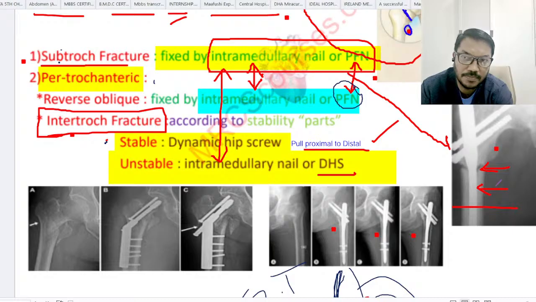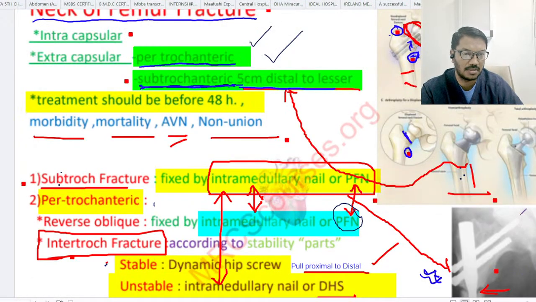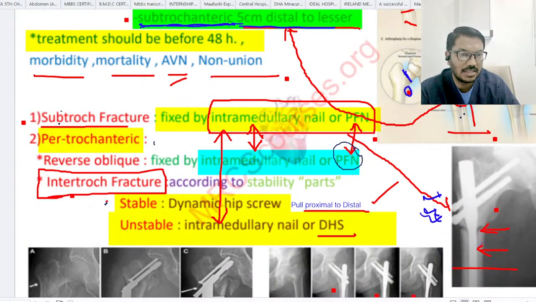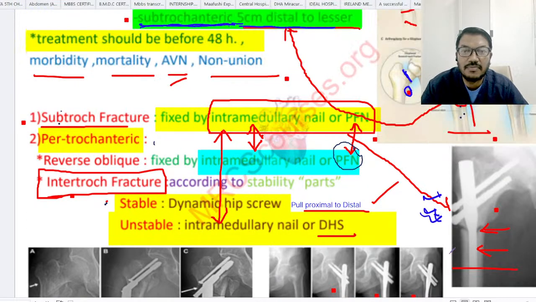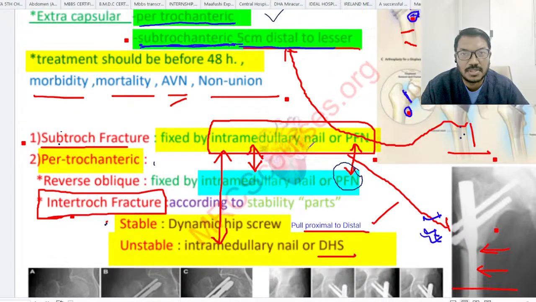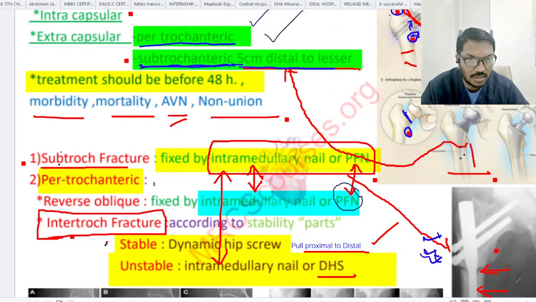You can see a subtrochanteric fracture in this X-ray, this corner, distal to the lesser trochanter. If it is 5 centimeter distal to the lesser trochanter, then it is subtrochanteric.